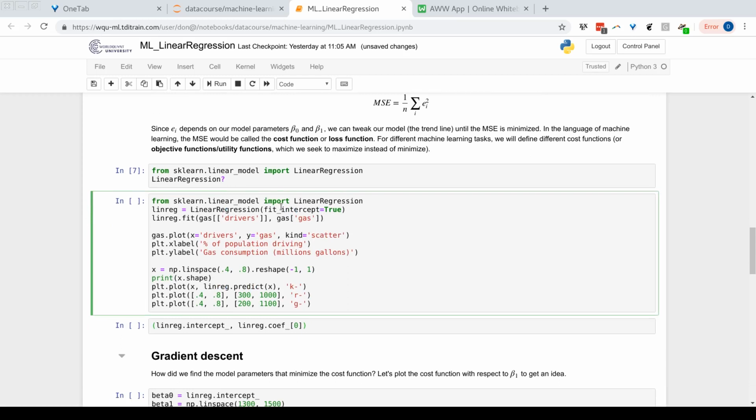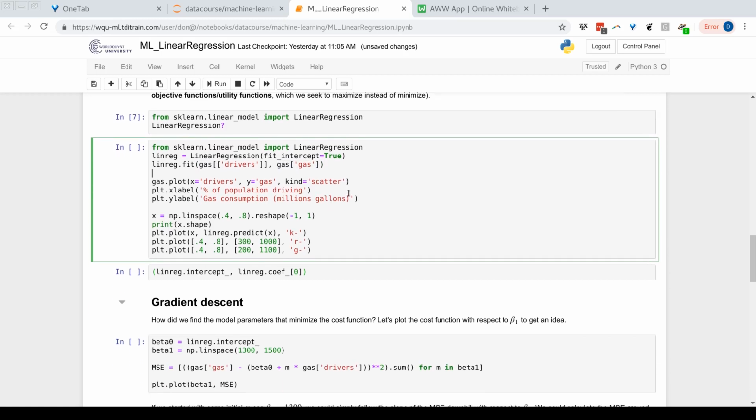Okay, then we're going to fit with our data set to only include the drivers field we're trying to predict on the gas consumption. Let's go ahead and plot the data. And let's also use our model to make predictions. So that's what we're going to do in this cell here.